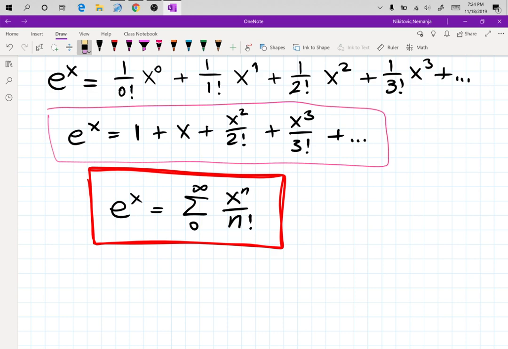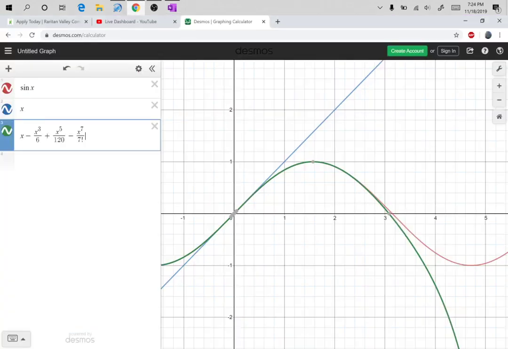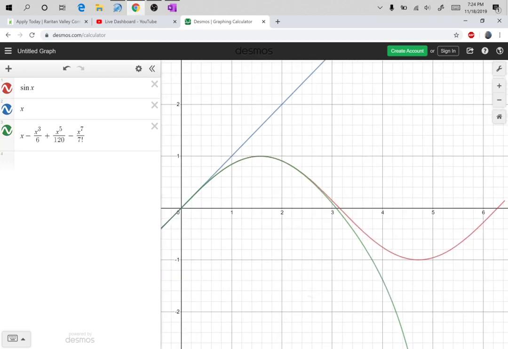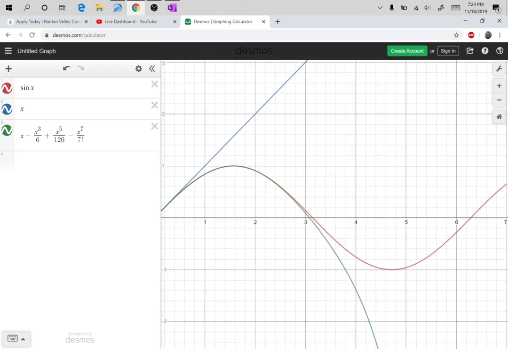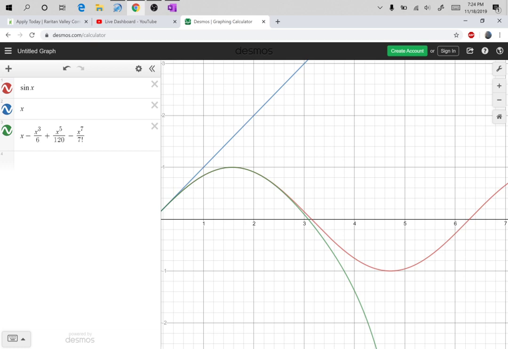Now, why is that important? If we go back to our sine over here, I don't care which approximation you look at. Red line is the sine original, and then you have the blue line, which is just x, and you have the green line.